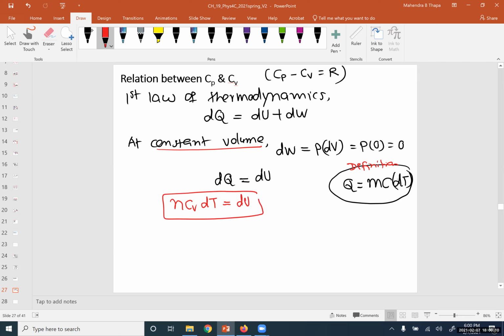So we can use this concept here. This dU is basically the change in internal energy. Here dT is the change in temperature.